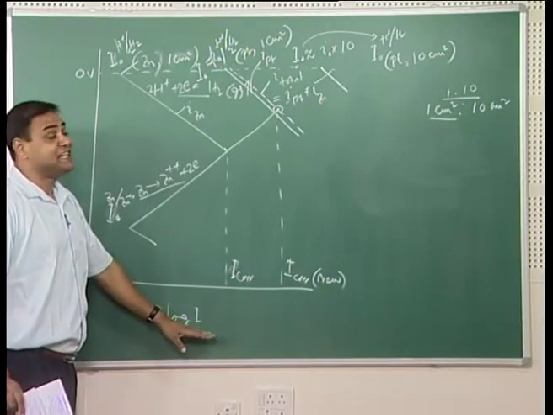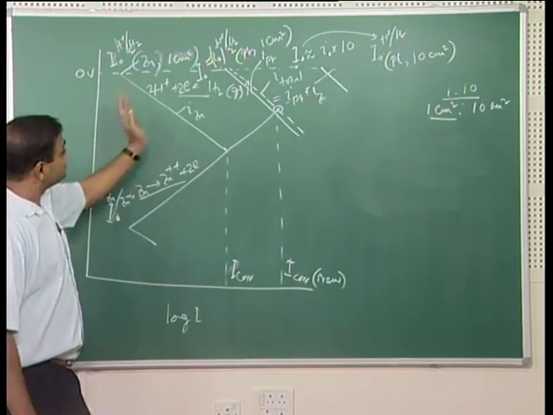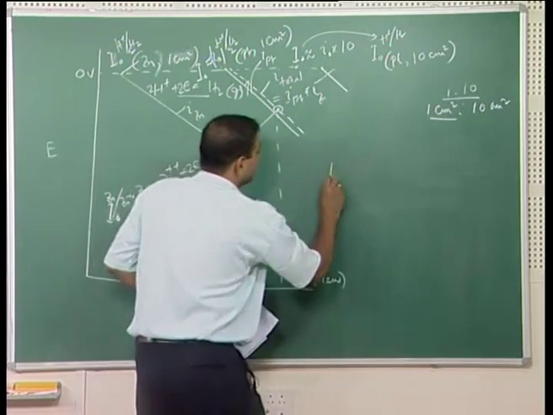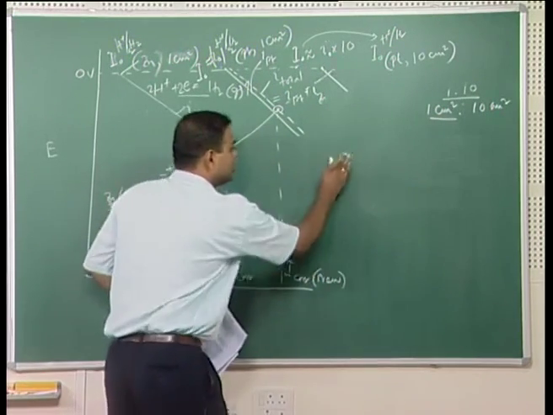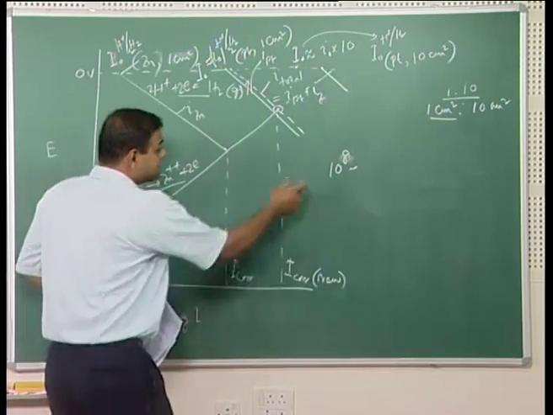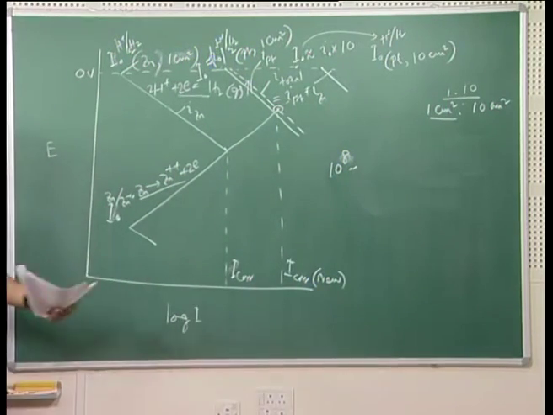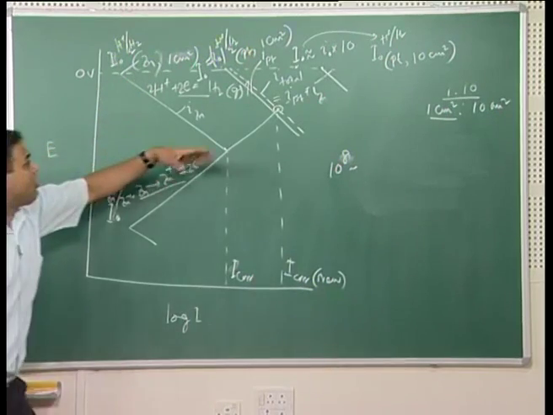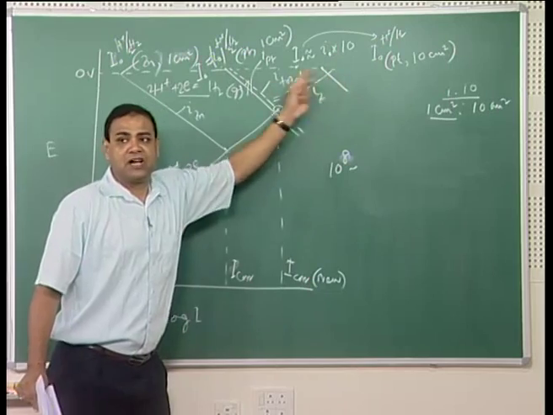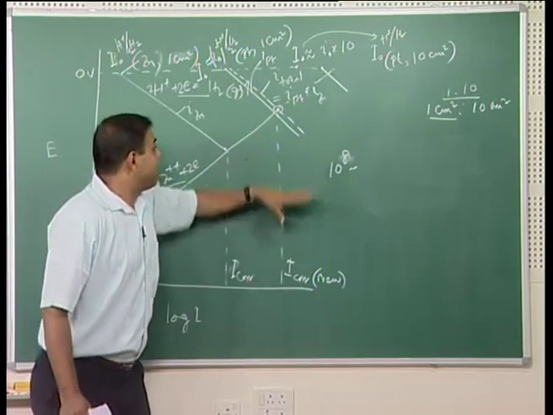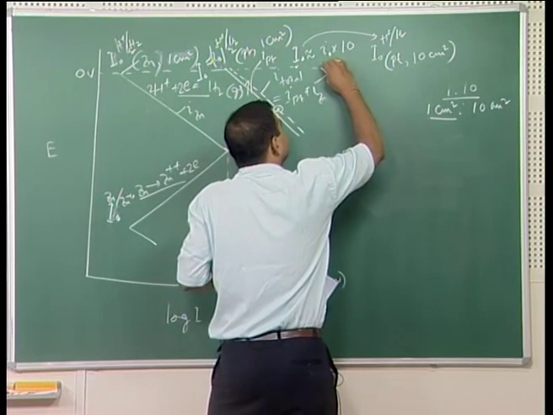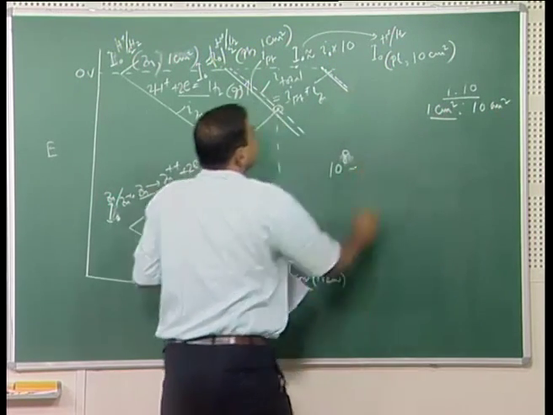So, once you are taking it in log scale, as you go to the right side, this difference could be around of the order of 10 to the power 10 or 10 to the power, let us say 8, something like that. So, with this much difference in the order of values, whether you add it or not, it will not have any change in the total current density, total current, because finally you have to add these two currents. So, for the sake of understanding, we can put a dotted line very close to this.